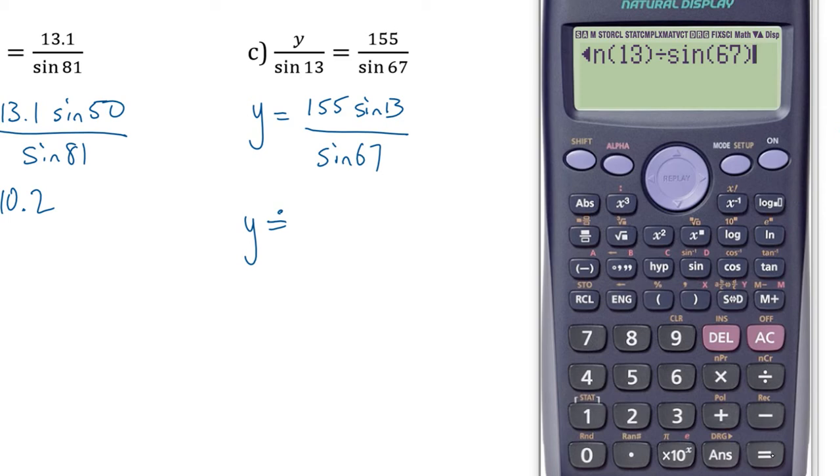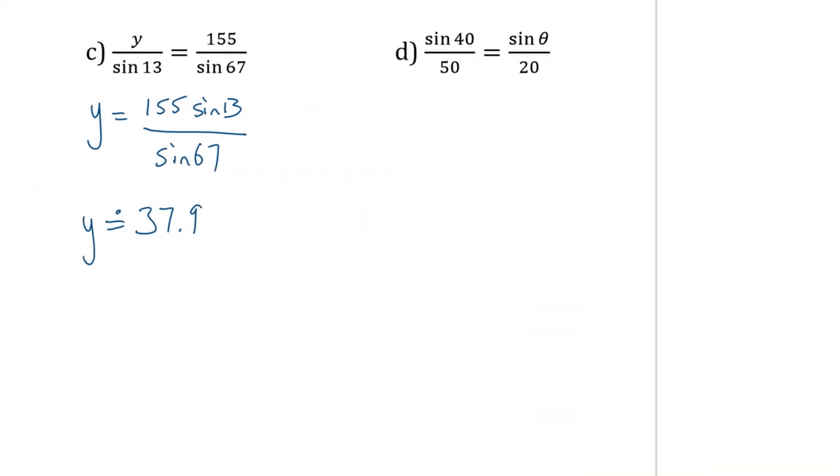Careful of your brackets. Brackets are going to be a big deal in all of this. And I'm going to round this to 1 decimal place because this is like a side length. I mean, this was set up for us. We didn't set it up, but this would be like a side length because angles are the ones that are with the sine, right? So I know that this would be a side length. And we usually do those ones to 1 decimal.